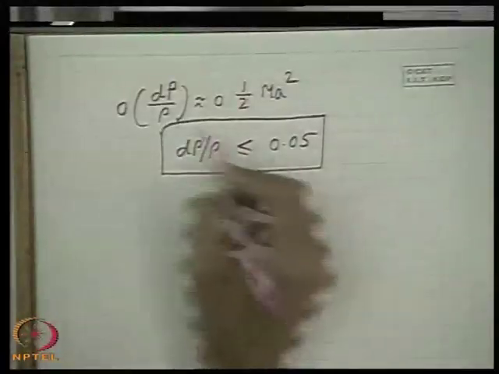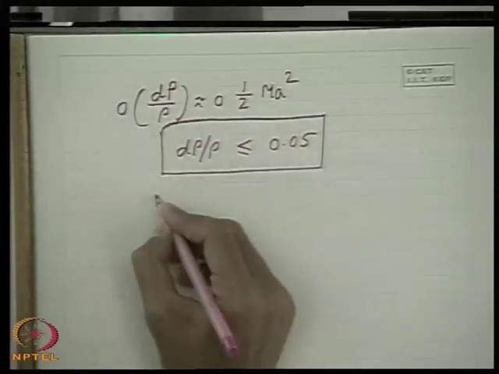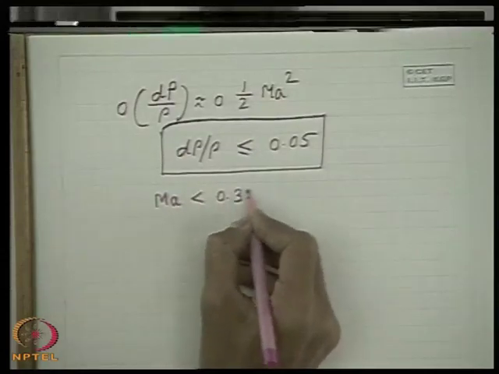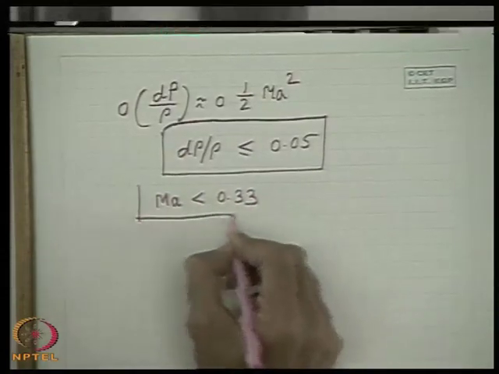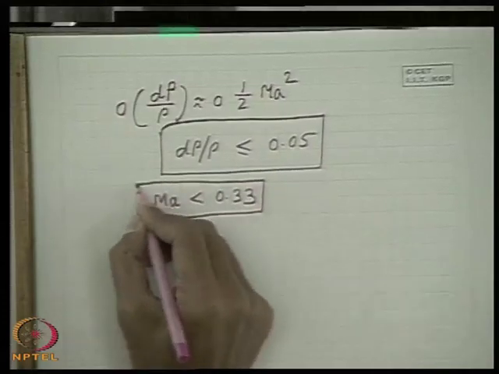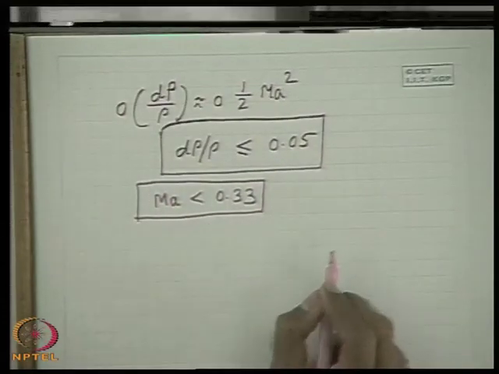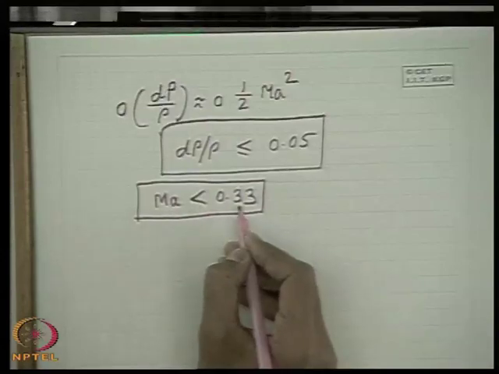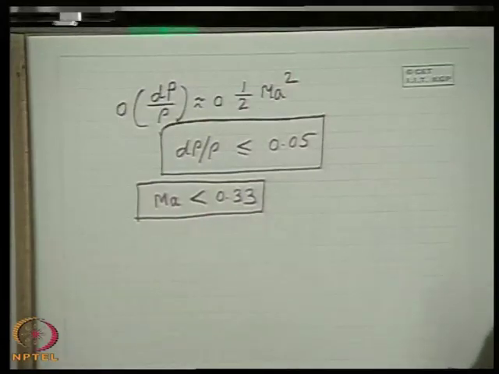Then if we put this, we will get a value of Ma less than 0.33. So this is a very useful conclusion that for flow of any gases at any condition, if we just verify that Mach number is less than 0.33, then the flow is incompressible.